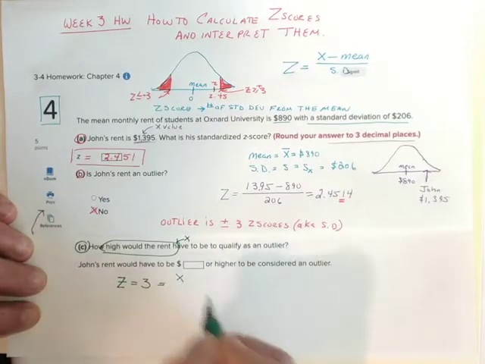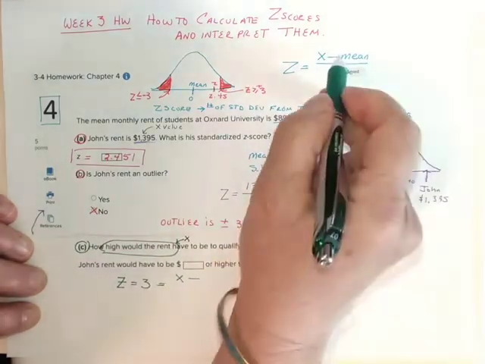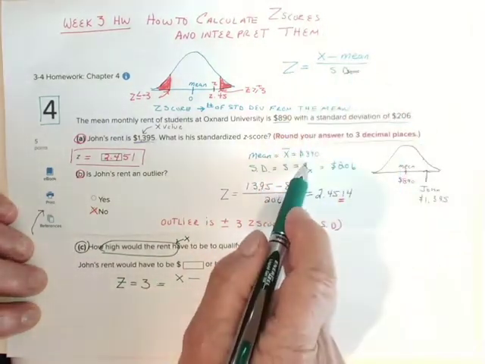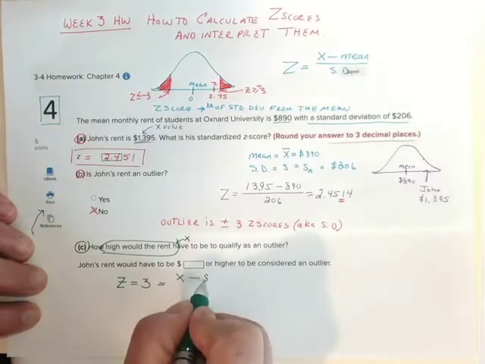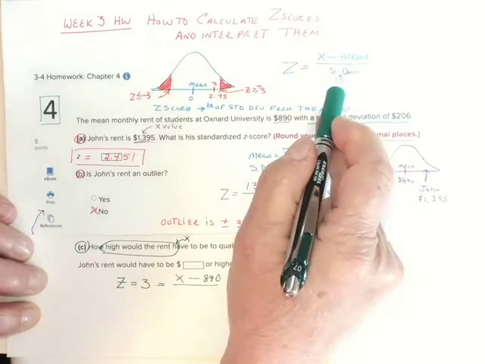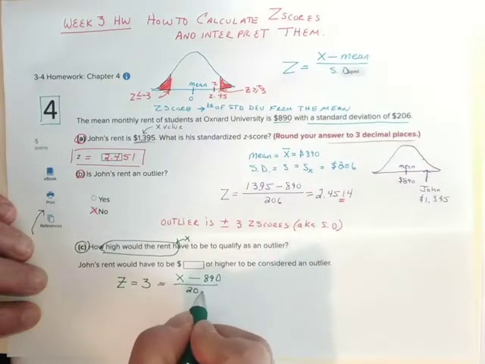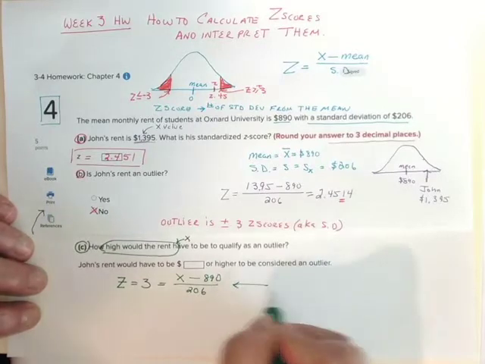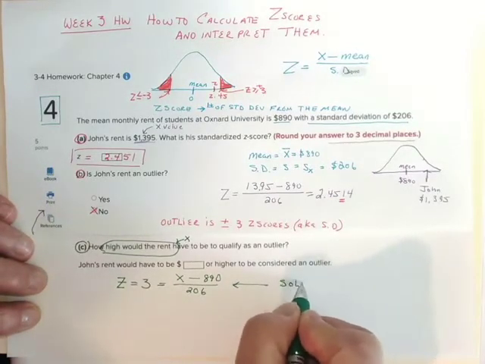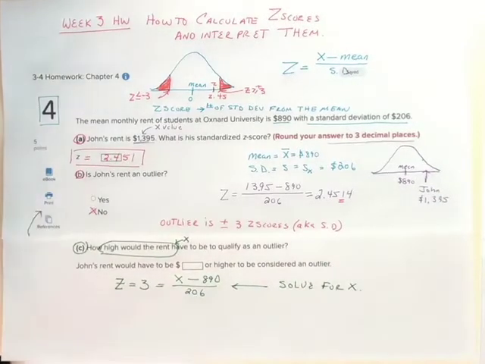So we don't know what that rent is, and we're going to solve for it. Minus the mean, which is $890, divided by the standard deviation, which is 206. And now we solve for x.